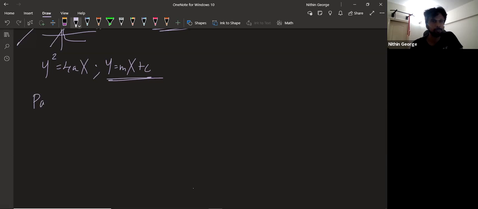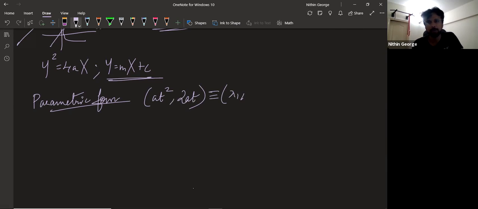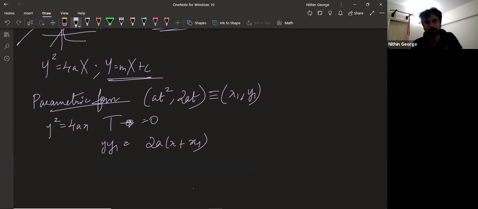Now comes the parametric form of the tangent. How do you find the parametric form of the tangent? You use the parametric point, a t square comma 2at, in place of x1 comma y1. So you have y square equal to 4ax. The tangent will be y1 equal to 2a into x plus x1.